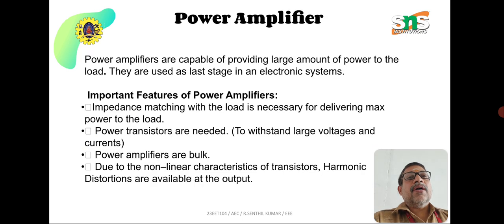The amplifier is broadly classified into small signal amplifier and large signal amplifier. The small signal amplifier is in the earliest stage, at the transducer, whereas the large signal amplifier is in the last stage of the electronic system.